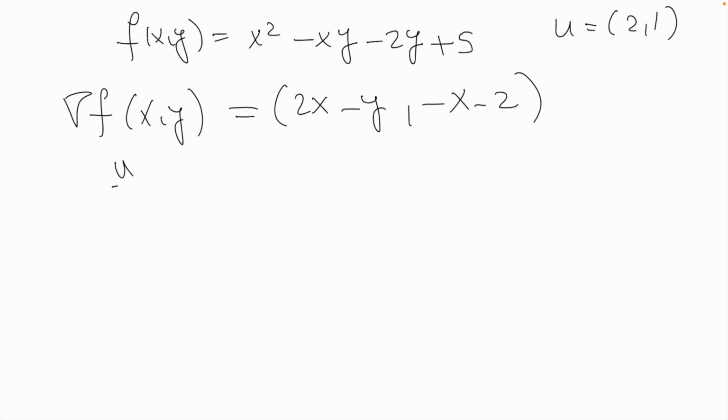And the unit vector is just (2 divided by the square root of 5, 1 divided by the square root of 5).